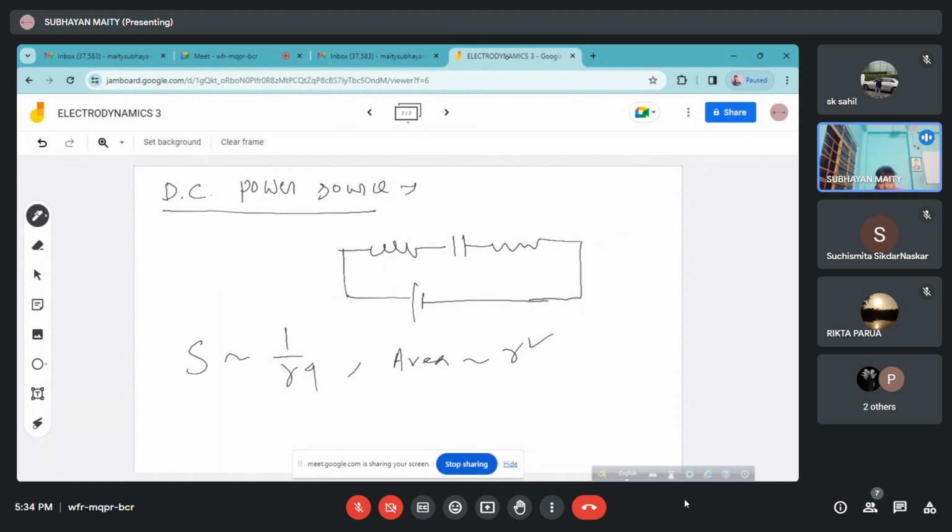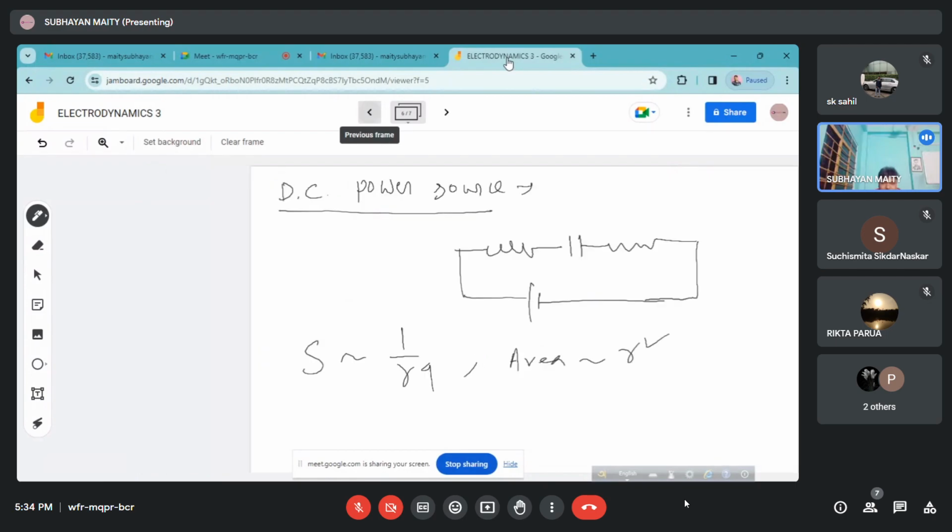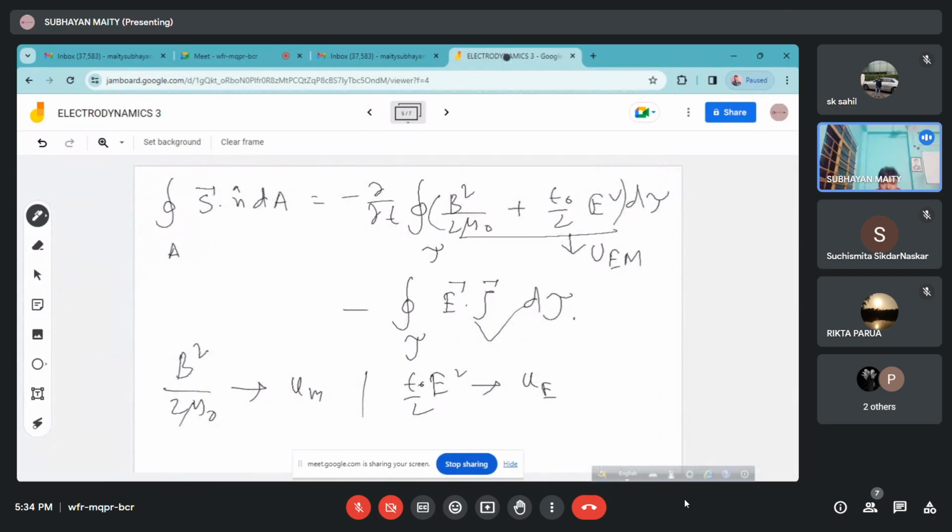So integration over the whole space means integration over a spherical surface which has radius infinity, that is, at very large value of R. The whole integration will yield 0, because it is 1 by R to the power 4 times R square, so the whole thing varies with 1 by R square, and 1 by R square tends to 0 when R tends to infinity.